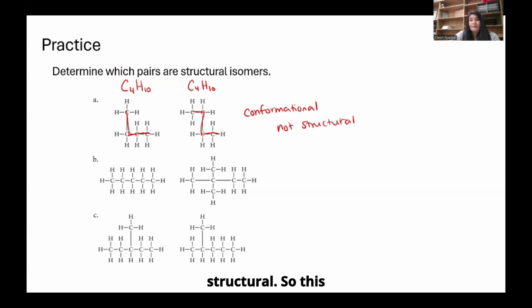So this one, we're going to count the number of carbons and hydrogens in each. We have 1, 2, 3, 4, 5, C5, and 1, 2, 3, 4, 5, 6, 7, 8, 9, 10, 11, 12, H12. We'll count the carbons here: 1, 2, 3, 4, 5, 6.